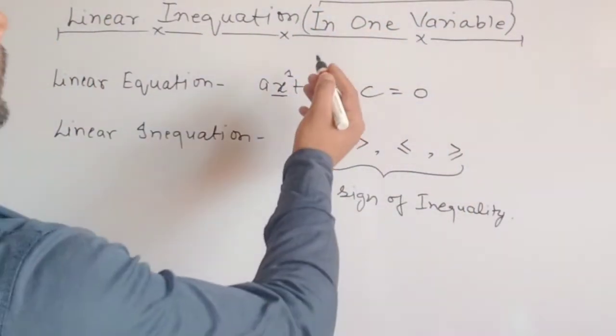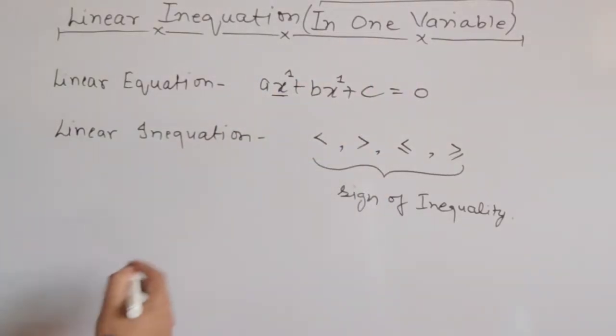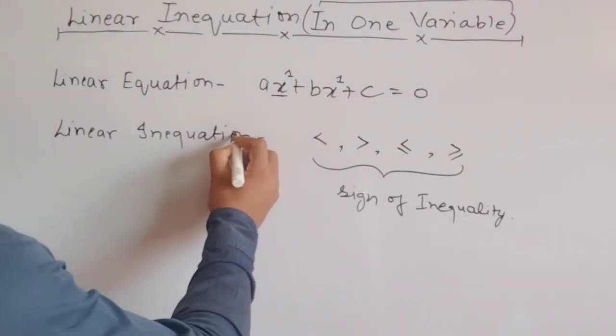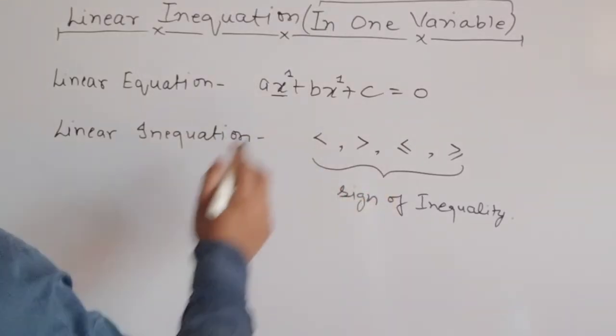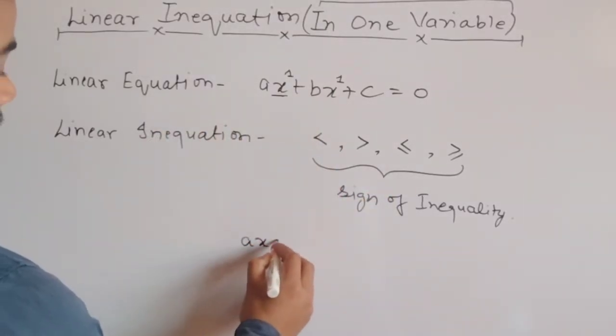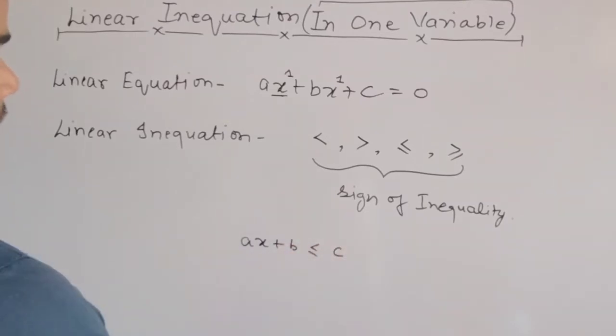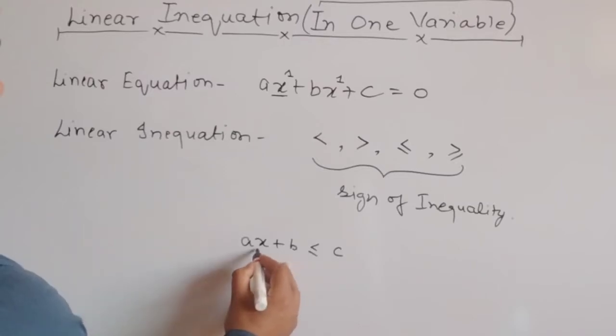So what does one variable mean? One variable stands for whatever we are using in any inequation, the variable must be one. Means ax plus b less than equals to c. We can say that. So here the only variable is x.